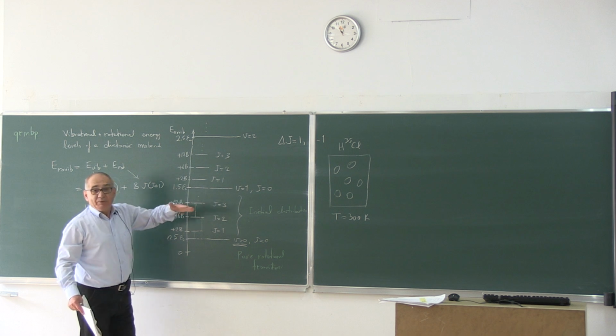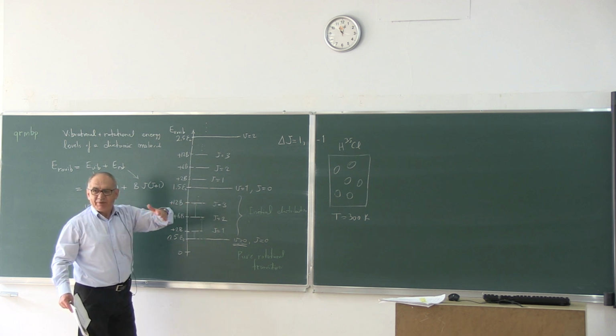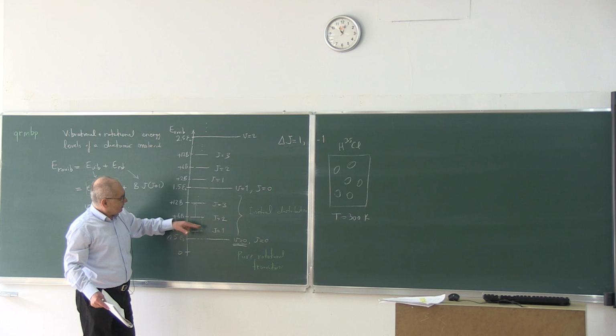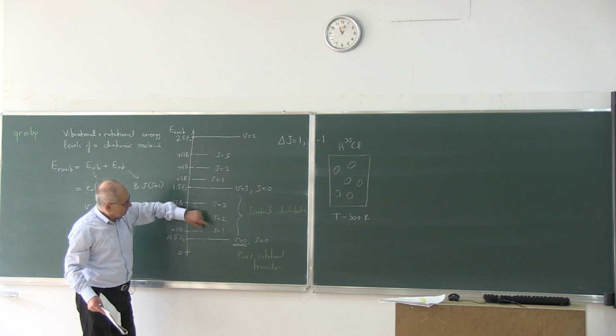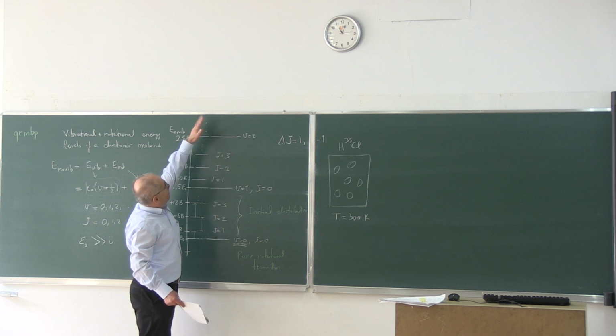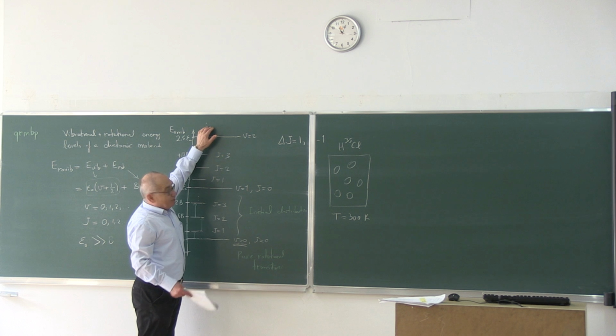Of course, we have to think about possibilities, like do we expect transitions from one level initially here to some level above the V equals 2 level. This time, what's happening?